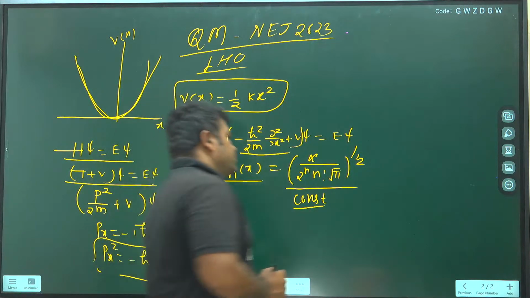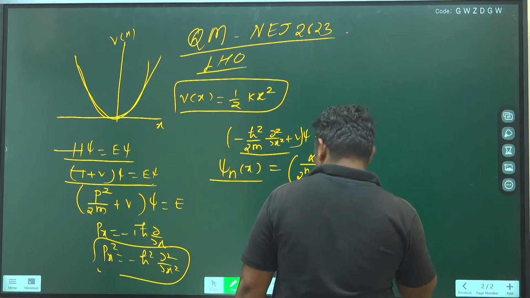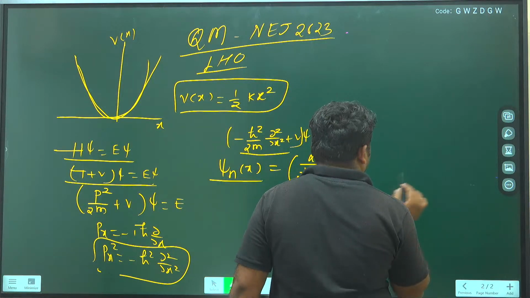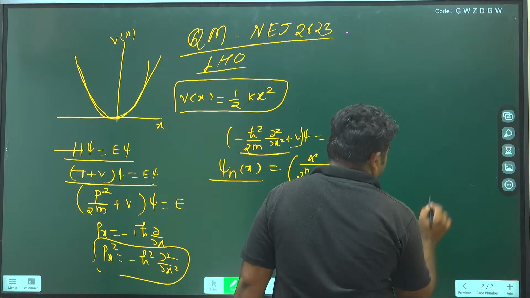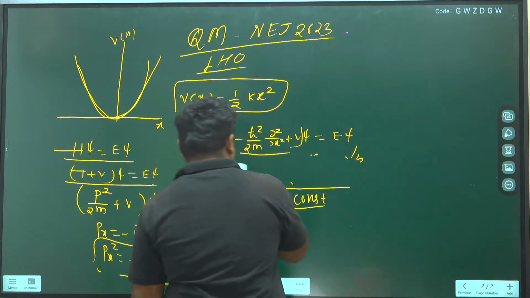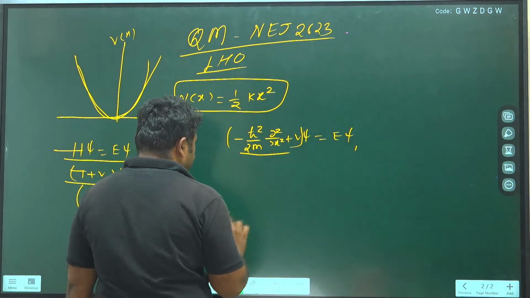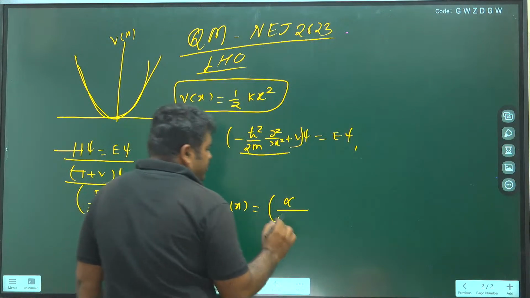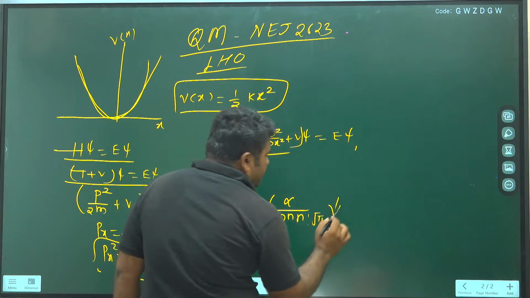Now the second thing: psi n of x is equal to alpha upon 2 to the power n n factorial root pi, bracket to the power 1 by 2.